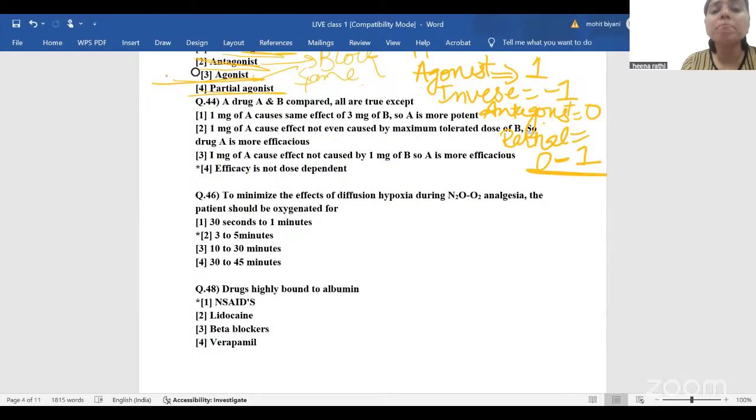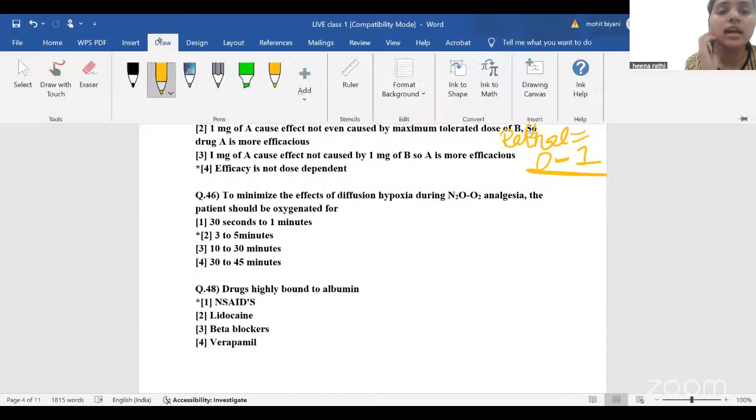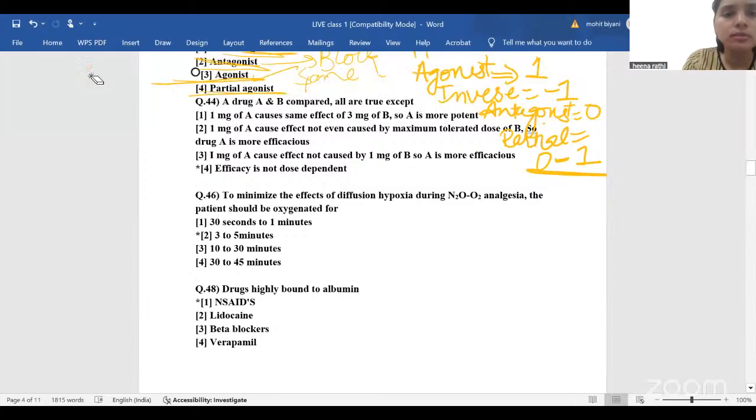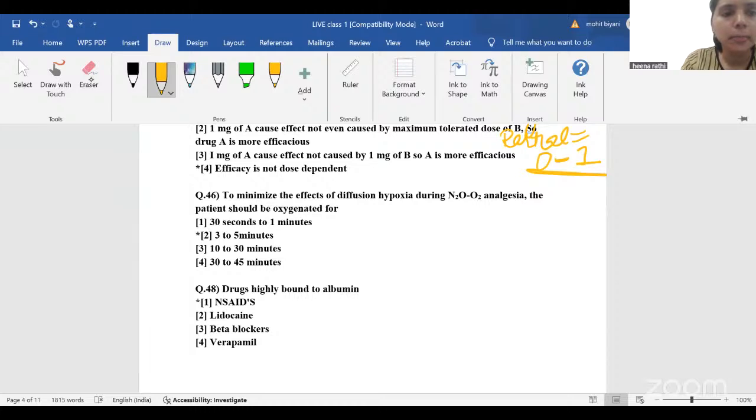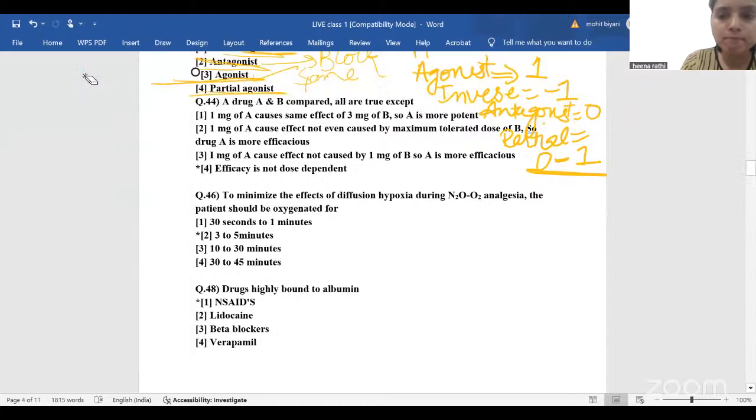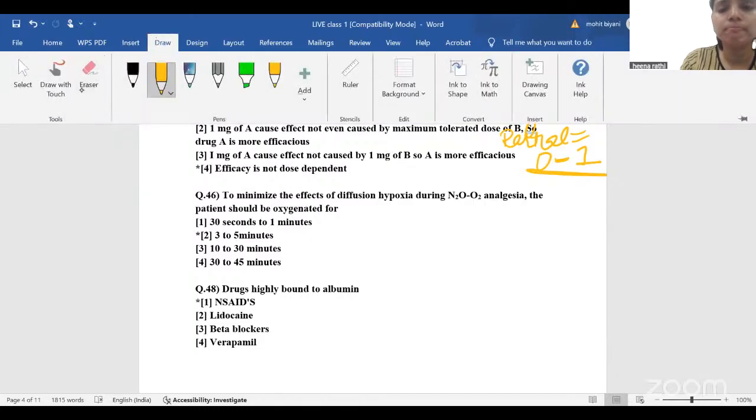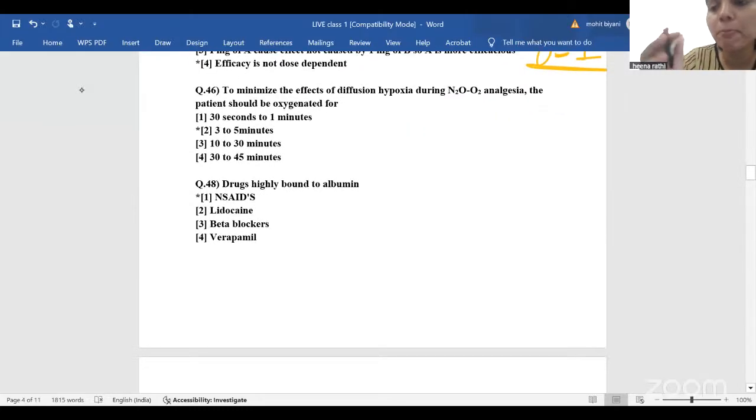Next question: drugs A and B are compared. All are true except: 1 gram of drug A causes the same effect as 3 grams of B, so A is more potent. Before understanding which one is more potent, we have to understand what potency is and what efficacy of the drug is.